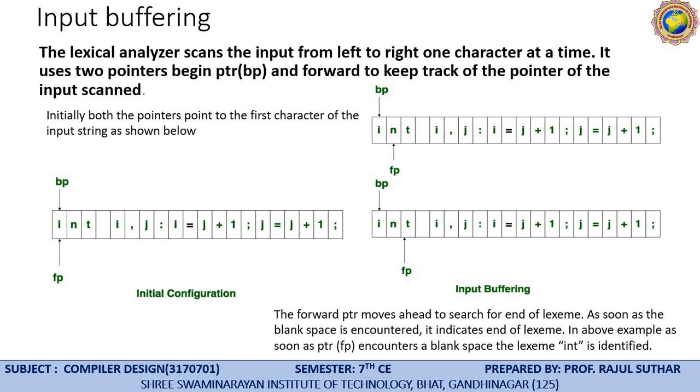While processing input characters, a large amount of time is consumed in moving the characters, so a specialized buffering technique is used. It is called the input buffer. This is how you can write the answer as given in an exam.